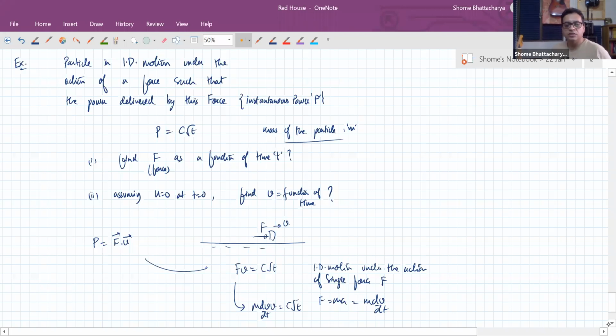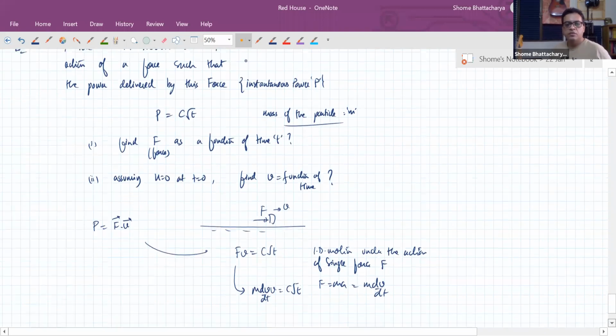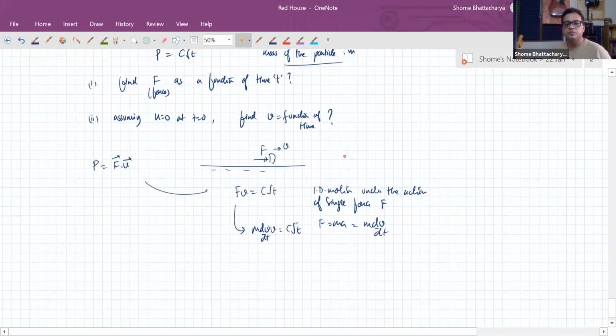So first of all, force as a function of time. From here, the first part, force as a function of time will become C root T by V. But we need to find out V as a function of time. So for that we will use this one. So from this we will get mv dv is equal to C root T dt. Okay, so we'll integrate this. Now t equal to 0, it's told to us that u was 0.